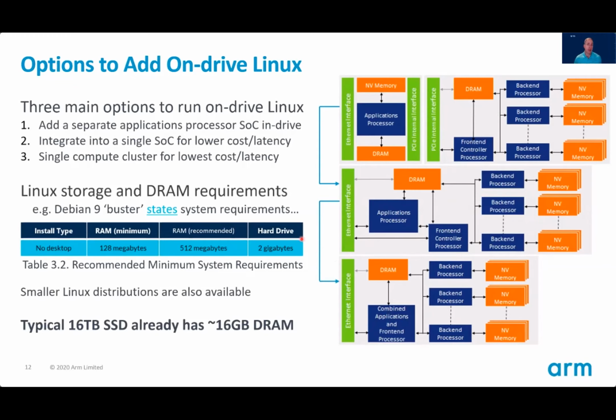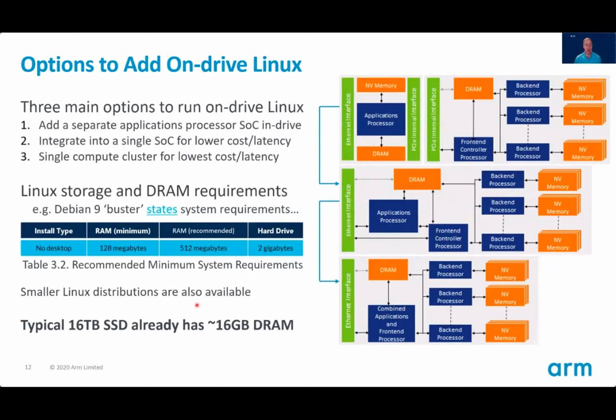So taking a look at Linux, one recent version, Debian 9, has these system requirements: 128 megabytes of RAM minimum, 512 recommended, and 2 gigabytes of storage. This is actually very small, all things considered, when compared with the SSD itself.